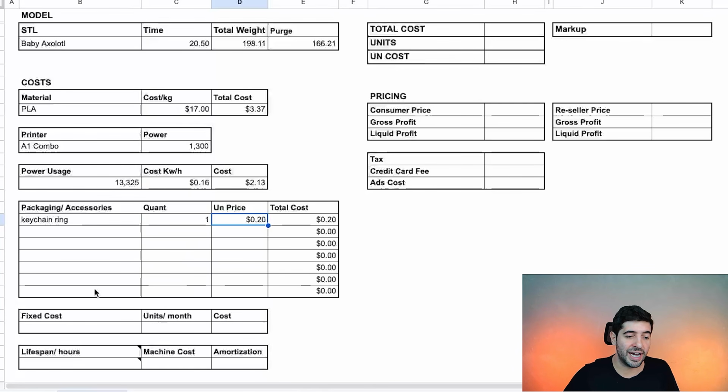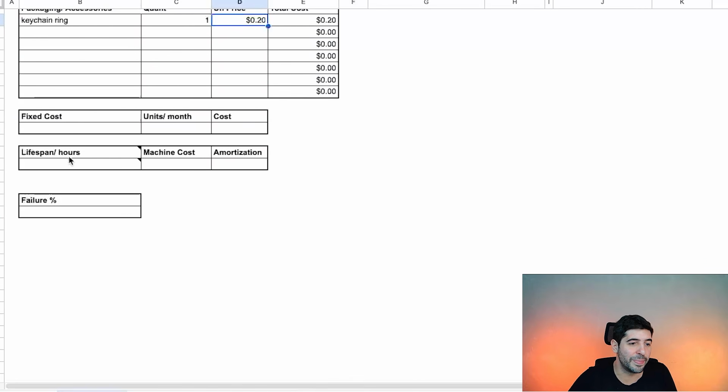All right. And then we have the most feared, the one that a lot of people talk about, which is the fixed cost. If you're still working in your own home, you do have your rent, you do have your mortgage, so you do have a cost of living. And then you need to understand how much of that cost of living your 3D printing business is going to pay for.